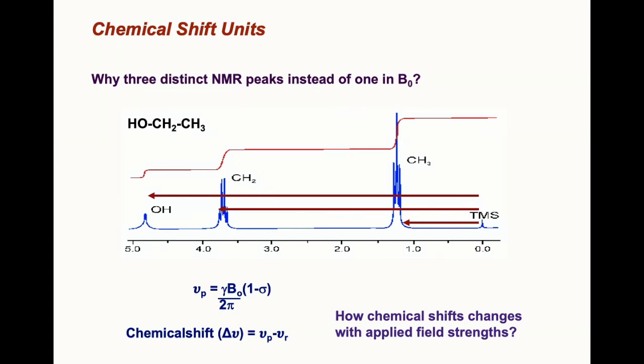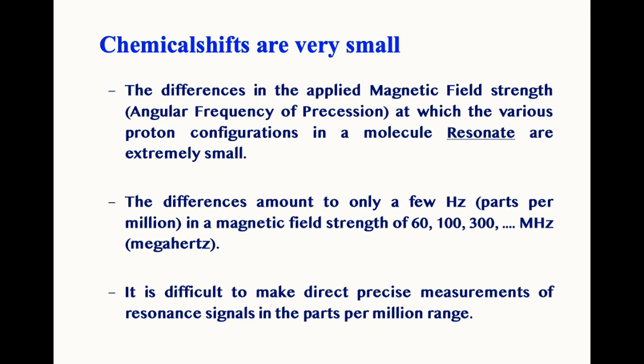Another major issue is that the measured chemical shift values of magnetically active nuclei, or the resonating frequencies of magnetically active nuclei, are found to be extremely small irrespective of the NMR spectrometer that is being used for recording the data. How small?